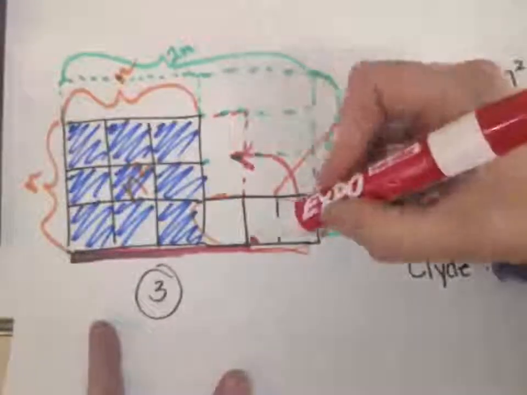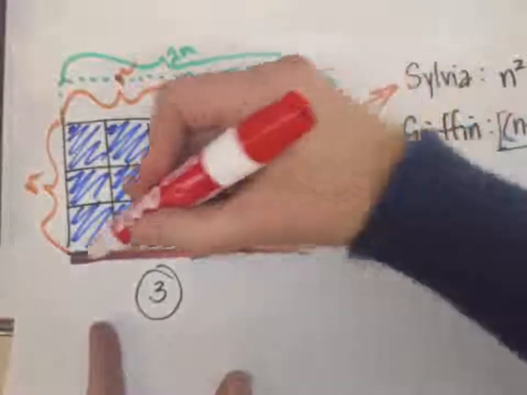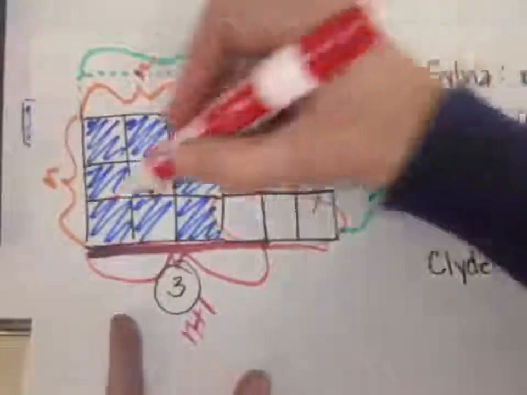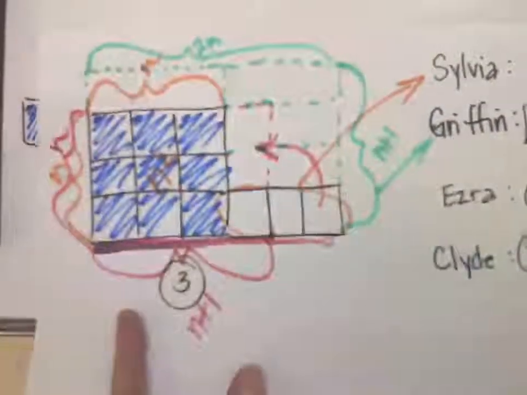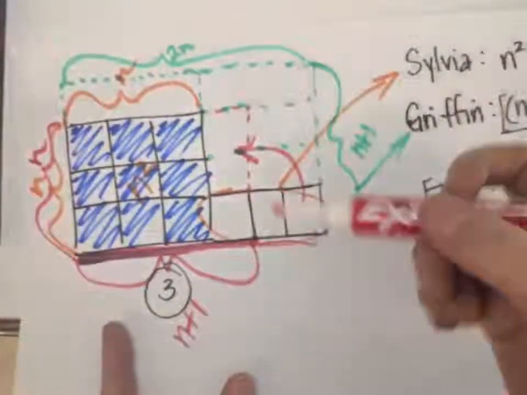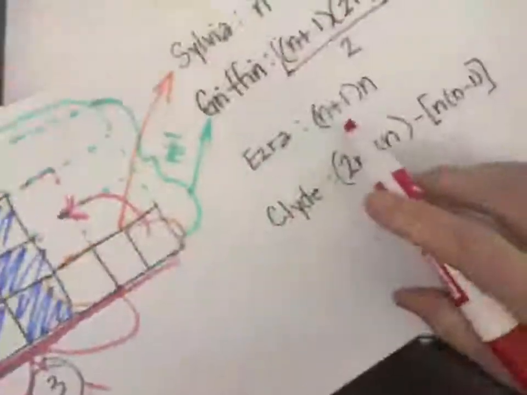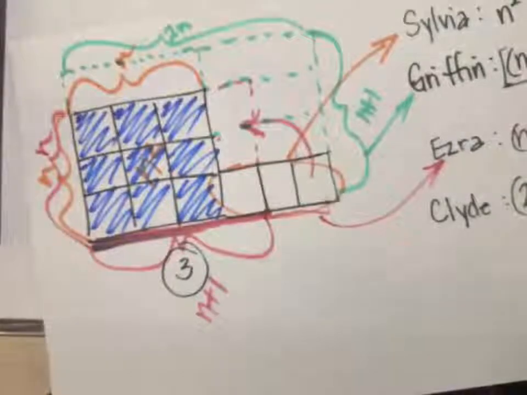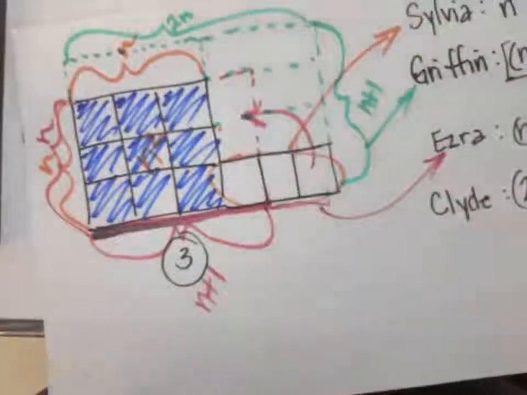Then he created a rectangle that had the dimensions n plus 1 right here times n right here. And so he said you could find the whole thing just by moving that and doing n plus 1 times n. And then Clyde, and by the way, they're all correct. You're going to see that in a second.